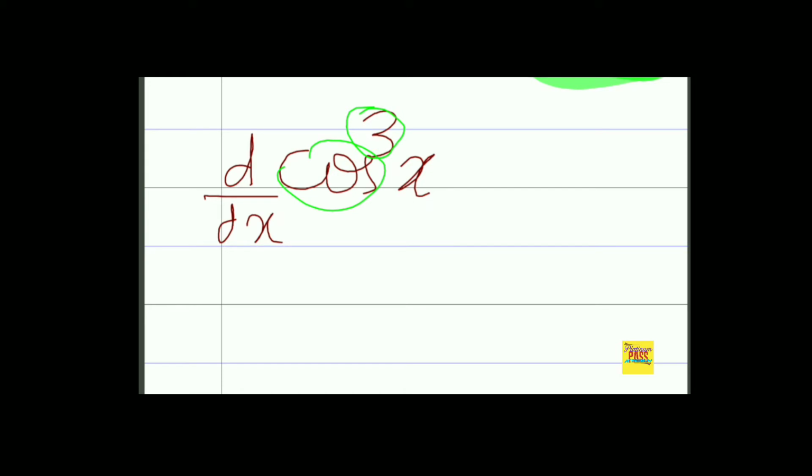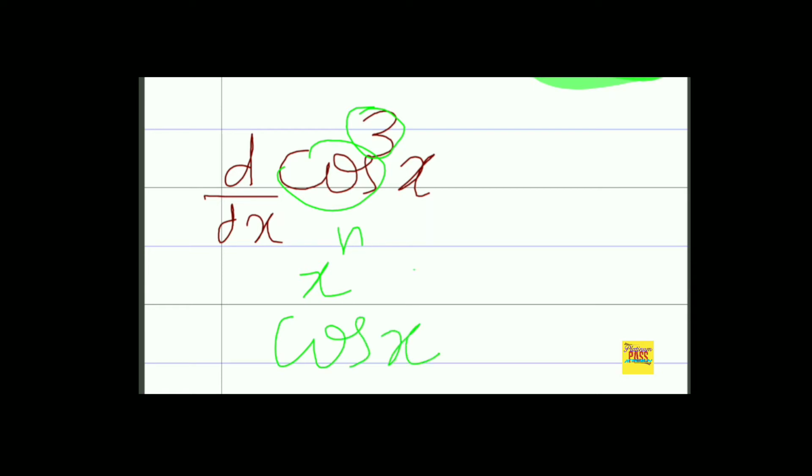For something raised to a power there is one differentiation formula, and for cos there is a different formula. So we will use both formulas, that is x raised to n and cos x.